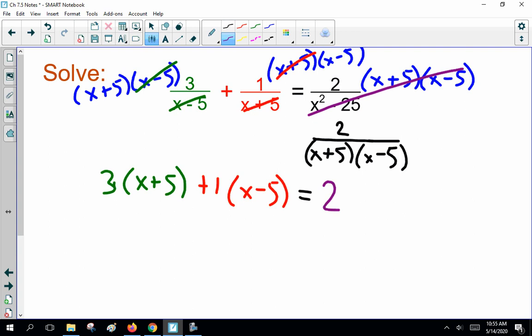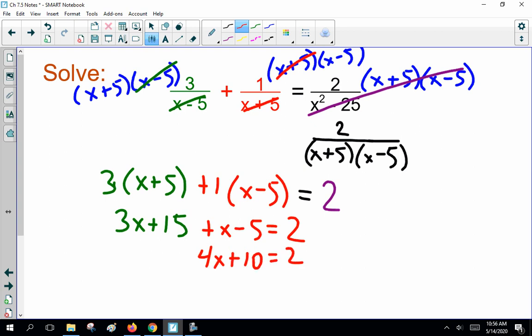And I'm going, all of a sudden, holy poop, that doesn't look so bad. 3x plus 15 plus x minus 5 equals 2. 4x plus 10 equals 2. Minus 10. 4x equals minus 8.